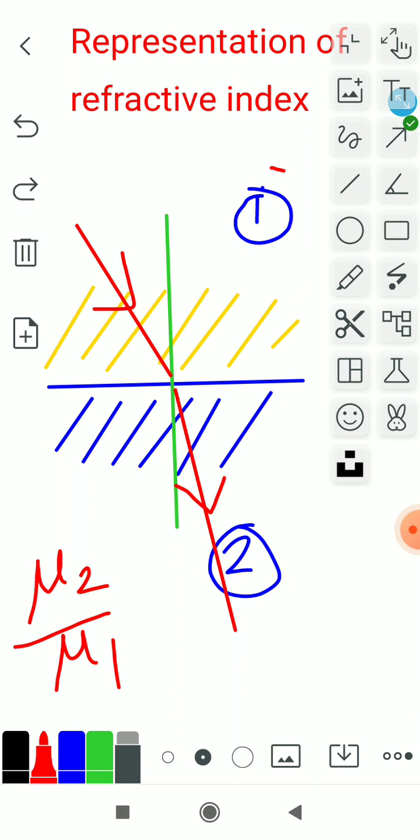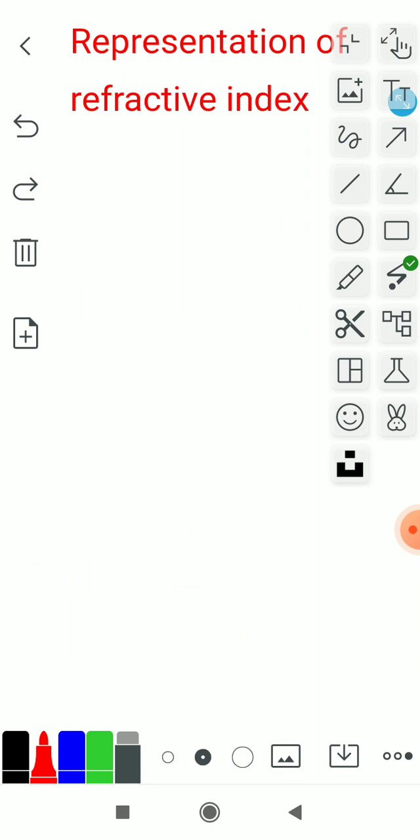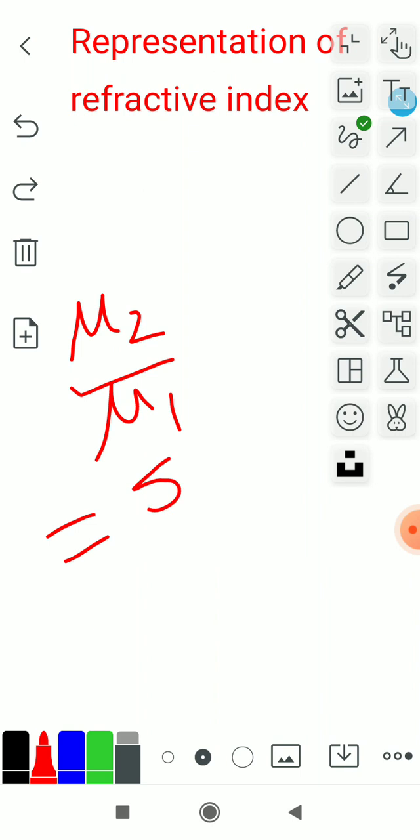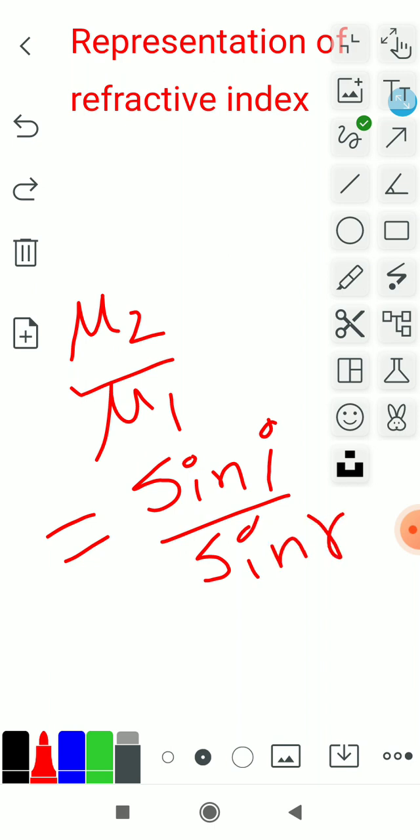But as here the light ray is coming from 1 to 2, we write mu 2 by mu 1, which equals sin i by sin r. The refractive index of a medium with respect to vacuum is called the absolute refractive index of the medium.